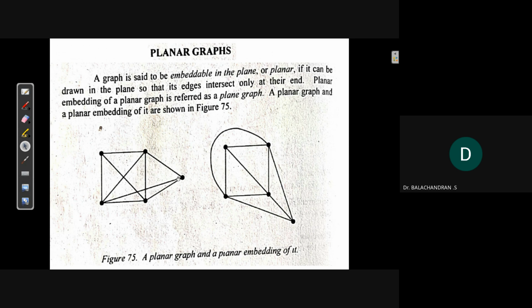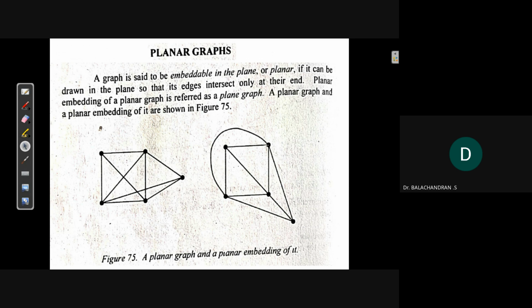Instead of this edge, they will draw like this, and then from here one more edge, and here to this edge. From here to here they are redrawn like this.